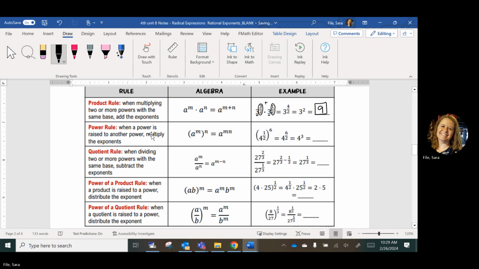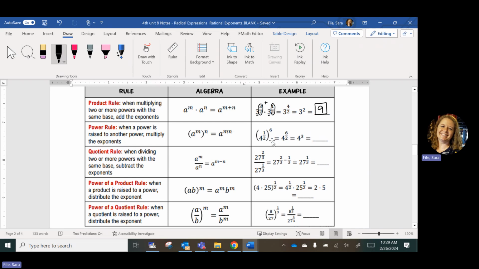The next rule we're going to look at is your power rule. When you have a base value raised to a power, and then that's raised to another power, you multiply those two exponents. And all of these work in both directions.